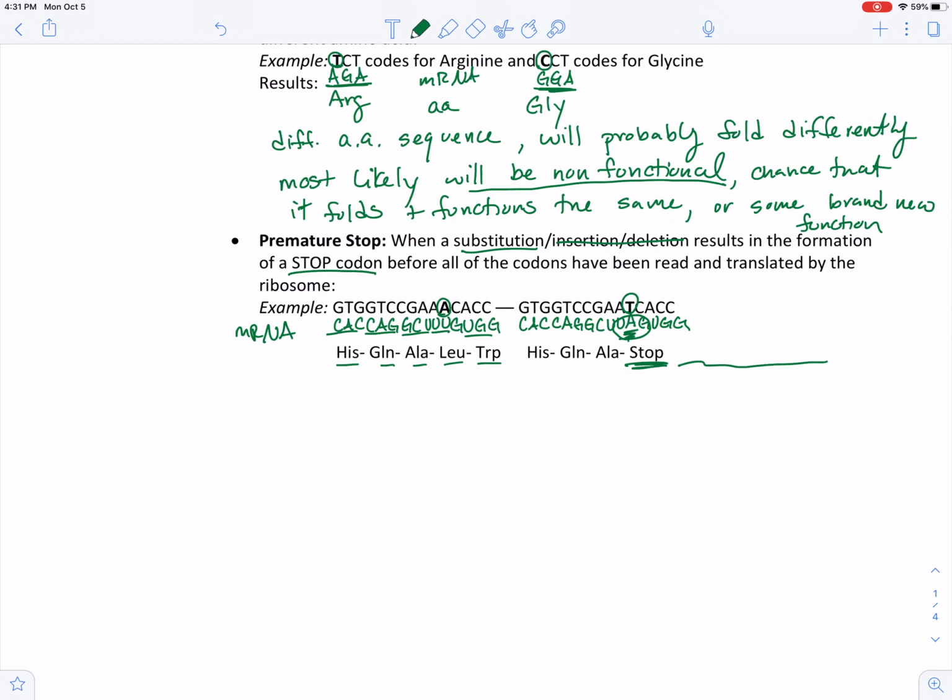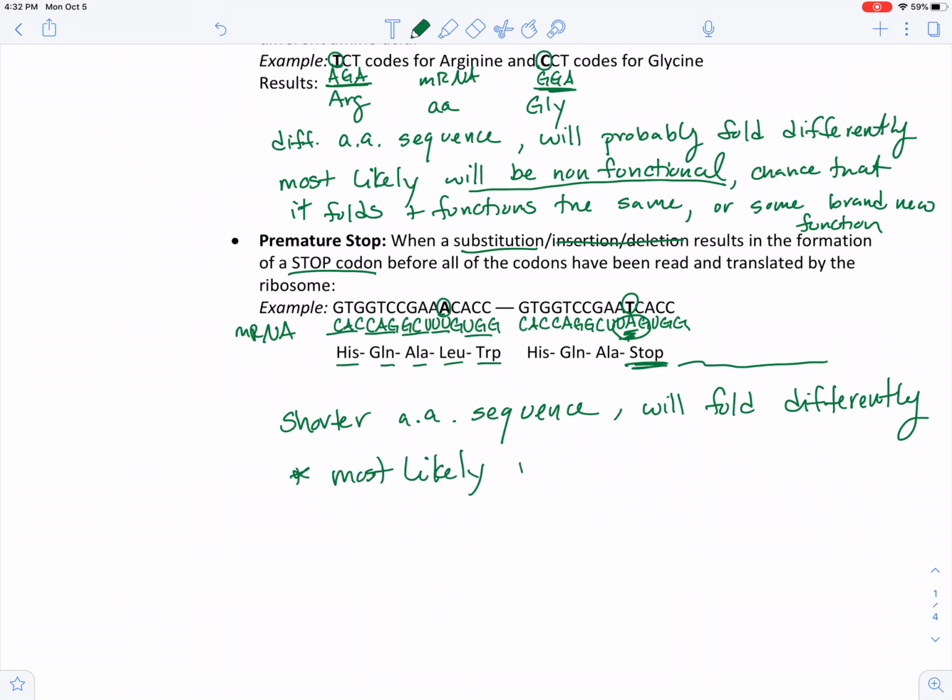In this case, a shorter amino acid sequence. And the most likely scenario for this is that it's going to fold differently and therefore most likely be non-functional. There's always a chance that maybe it still functions or maybe there's some brand new function, but the most likely scenario is you get a non-functional protein.